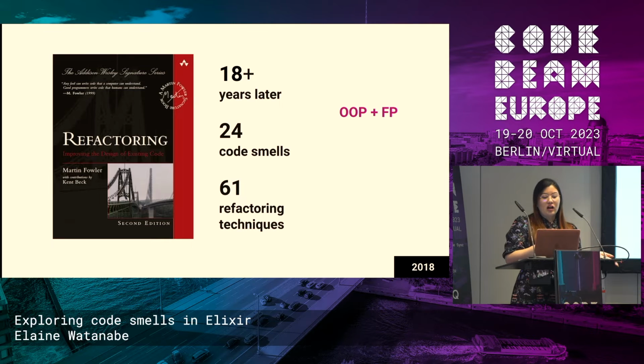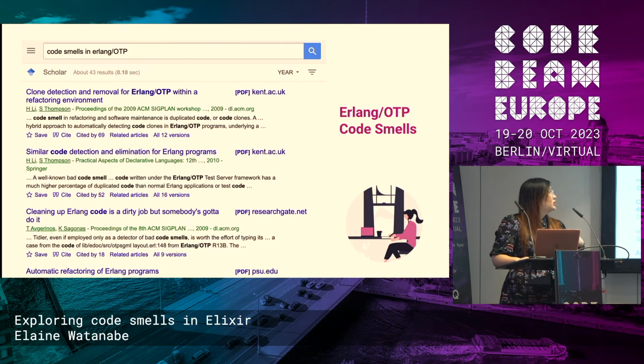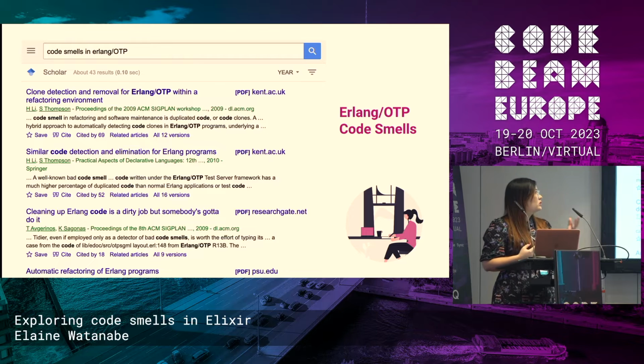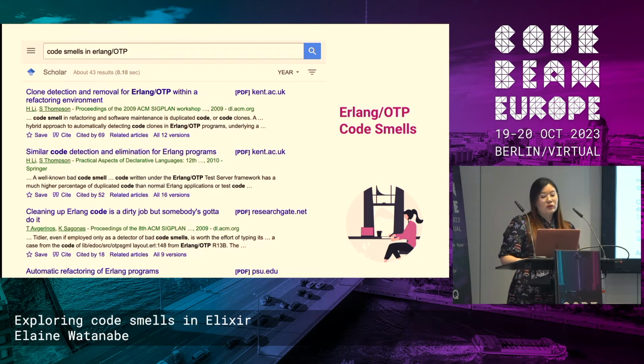Even 18 years later, they released a new version showing the code smells in both paradigms and I think in other ones. And if we look at some papers, we have code smells like duplicated code, and how to fix them, how to automate those fixes.